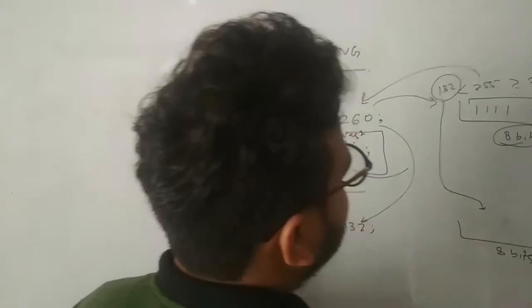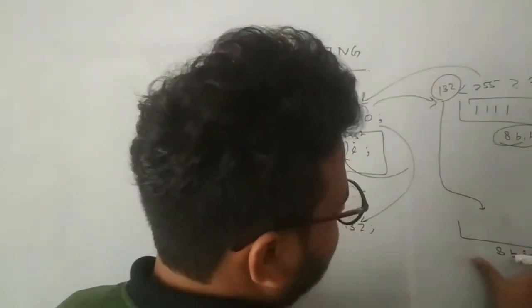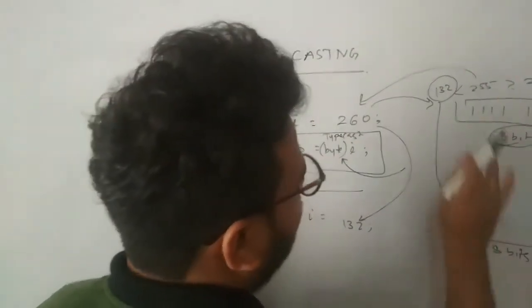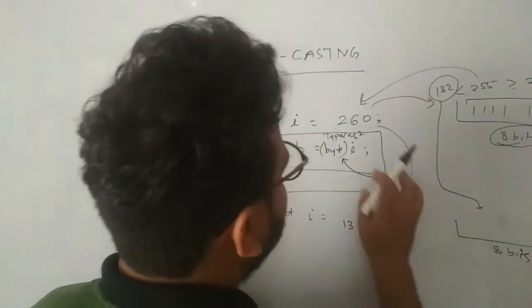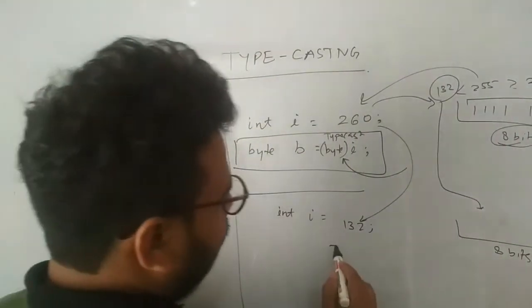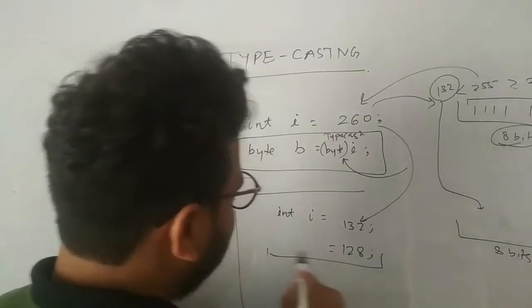We will have the binary version of 132, and it will fit in 8 bits. So we will see the examples of 132 and 260, and what will happen if the value is 128. We will also see this.